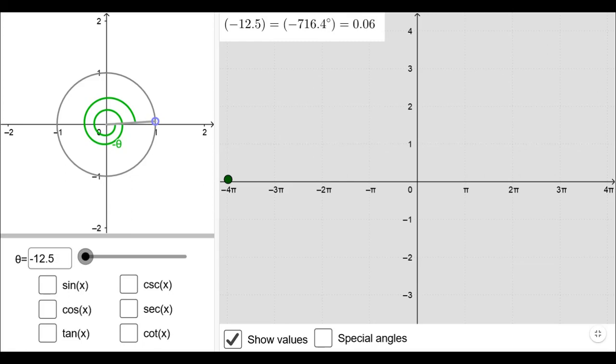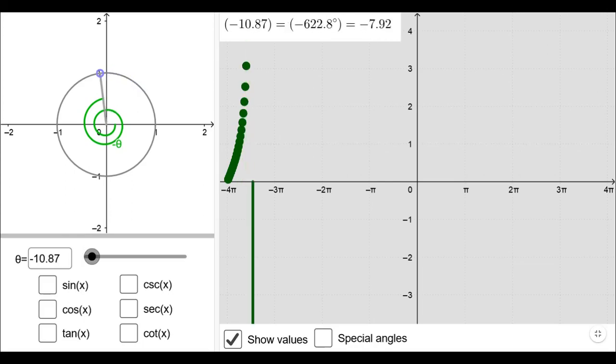Now let us analyze the graph of the tan function. And tan x is 0 for all multiples of pi, because sin x is 0 for all multiples of pi, and tan x is sin x by cos x. Tan minus 3 pi is equal to 0, you can see now.